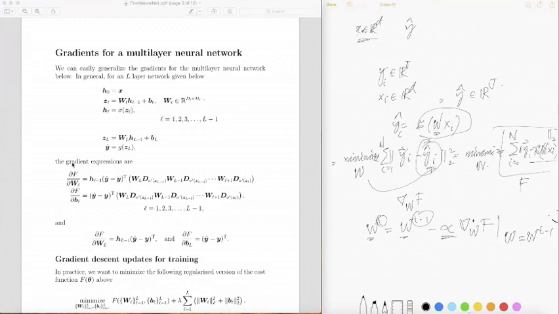So this is why we derived these gradient formulas just to show you in this matrix form, okay, what really back propagation is, because I think it's very clear from this expression that what back propagation is.